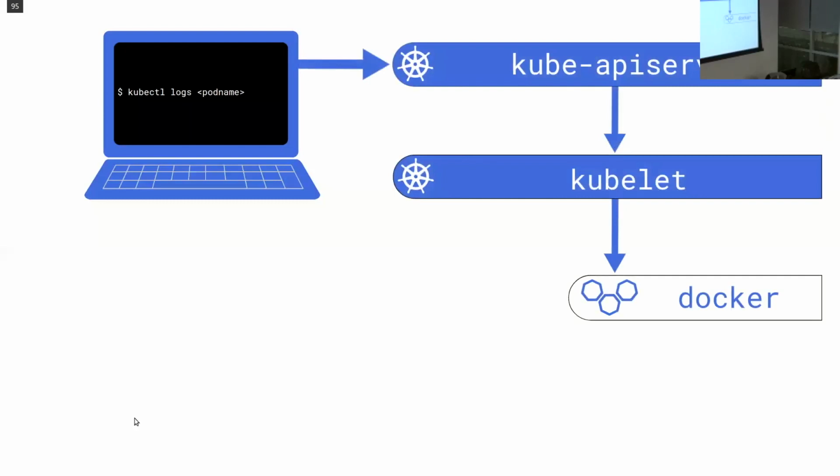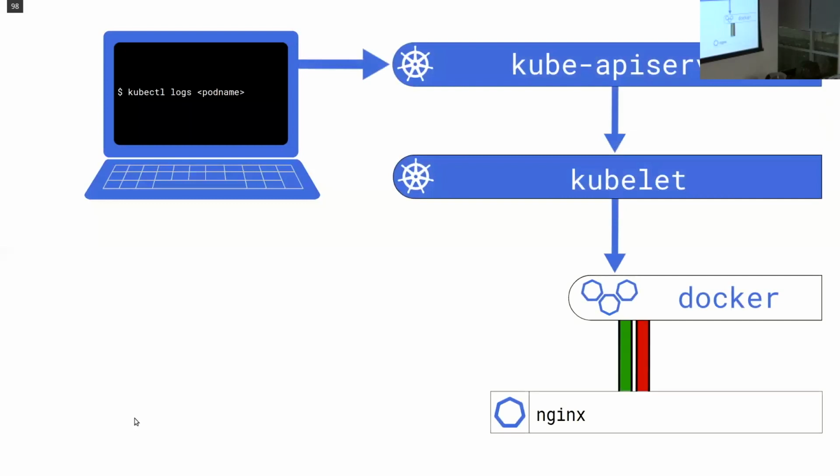But then Docker is going to hook up to your containers, stream all that up, and we get it from kubectl. So I think this is just useful because we all do this command all the time. But it's kind of cool to know the actual process. You're hitting the API server, which is calling into the kubelet, and the kubelet's then talking to Docker, which is streaming all your stuff down.